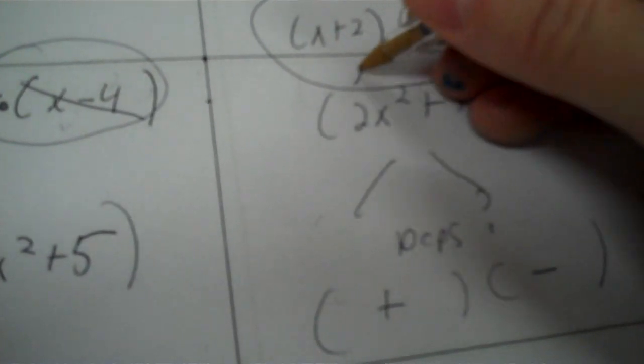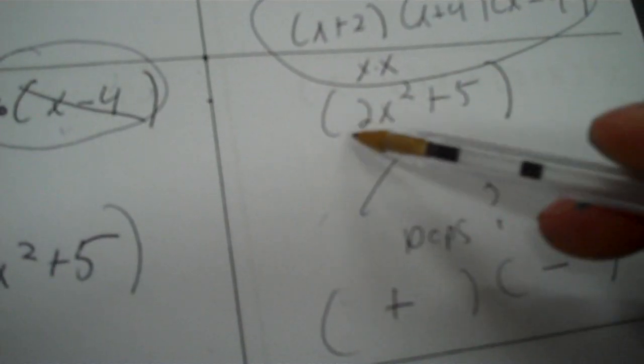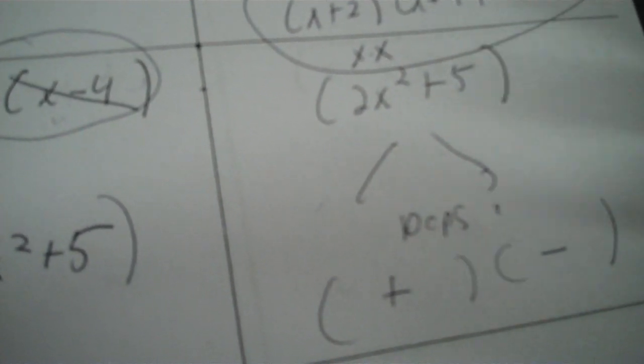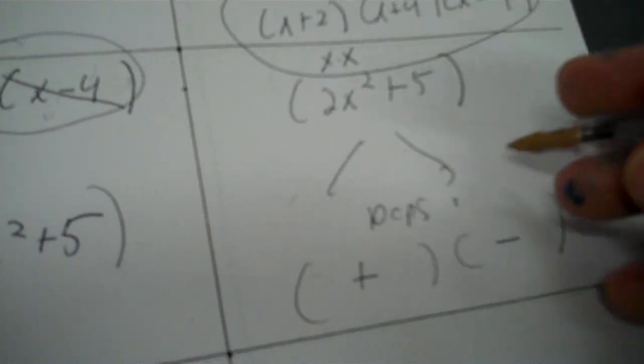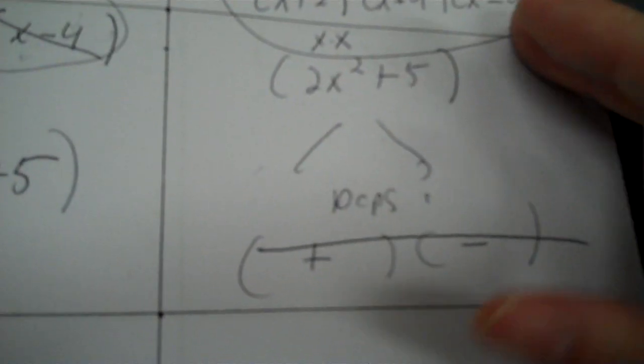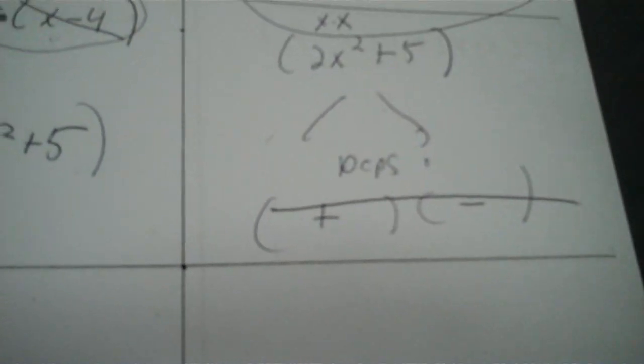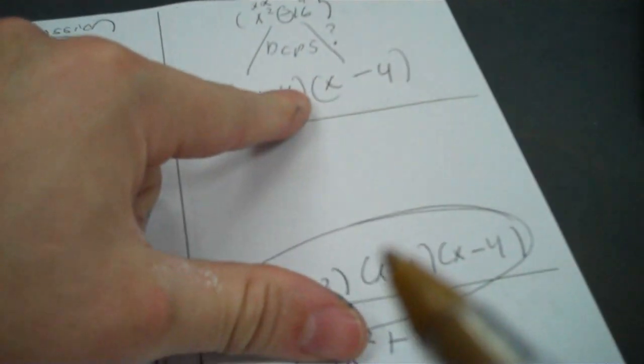Now, yes, your x is to the second power, but if you look up at the board, 2 is not a perfect square. Neither is 5, and not only that, I have a plus sign, so that's definitely not a DOPS. So what we do is just carry down the parentheses 2x squared plus 5, because I can't rewrite that in factored form. Sometimes this happens where you have a DOPS, sometimes where it's not.